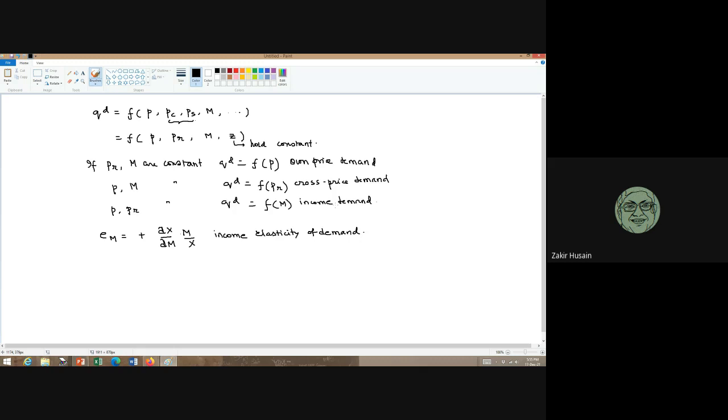And if you want to draw the income demand curve, what will be the slope of the income demand curve? Am I right? Yes, sir. If it is a normal good, then when income increases, quantity of X will also increase.